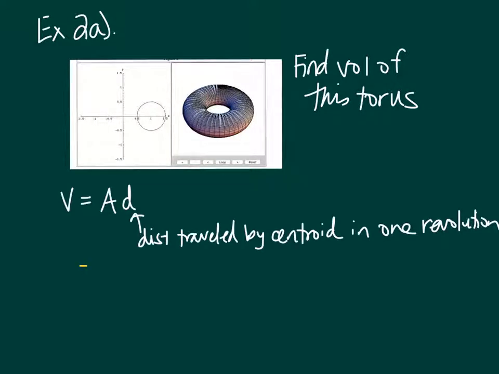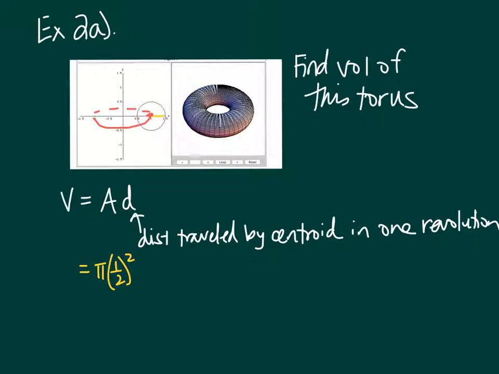Okay, so first the area of this is just going to be pi r squared, but you can see my radius is just 1/2. I'm just looking at this circle, so just like this radius right there. And then the distance traveled by the centroid. So notice the centroid is going to be right at the center of the circle, so right here at (1, 0). And then in one rotation, you can just imagine it's going to get rotated around the y-axis, and it's going to create this little circle here.